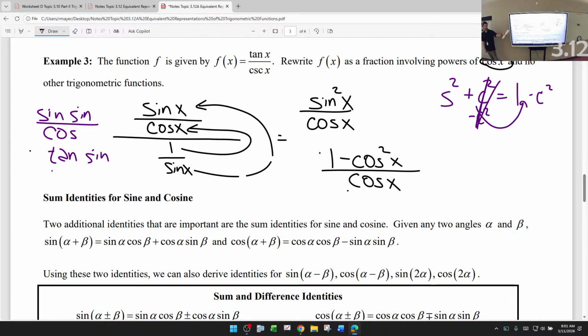That's an acceptable answer. There are other acceptable answers. 1 over cosine x minus cosine squared x over cosine x. Now, this one on the right-hand side, I can cancel a cosine out if I wanted to.